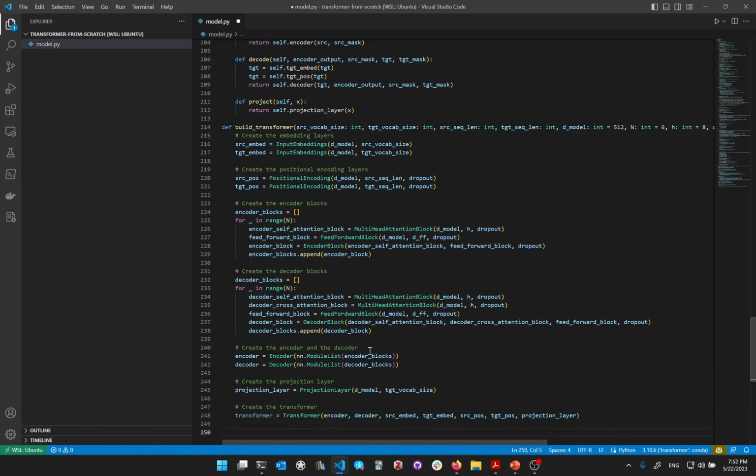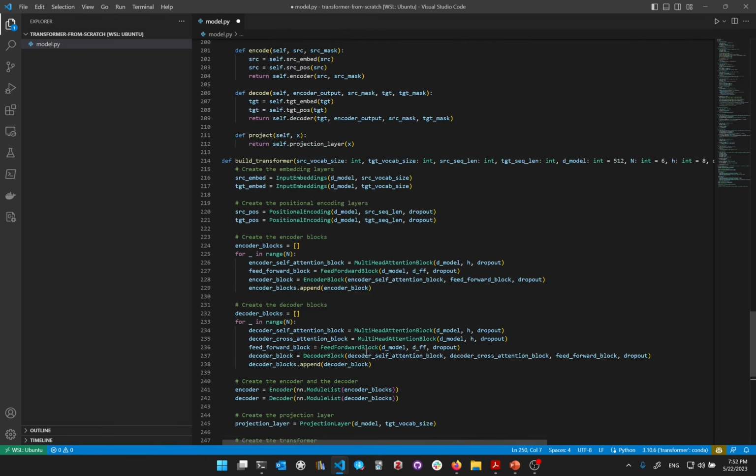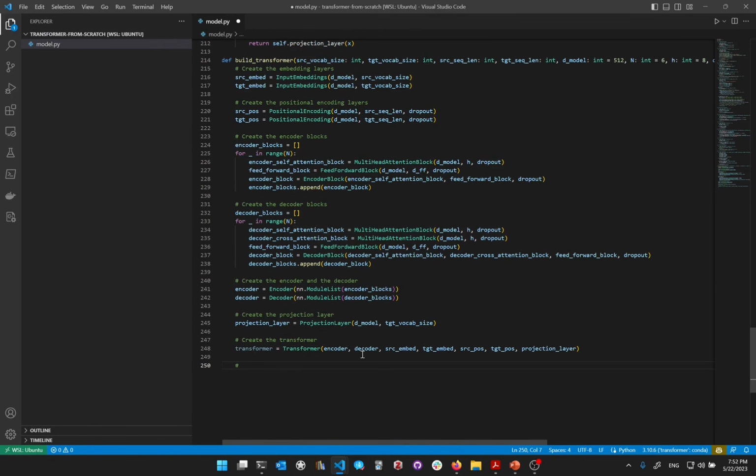And that's it. Now we can just initialize the parameters using the Xavier uniform. This is a way to initialize the parameters to make the training faster, so they don't just start with random values. And there are many algorithms to do it.